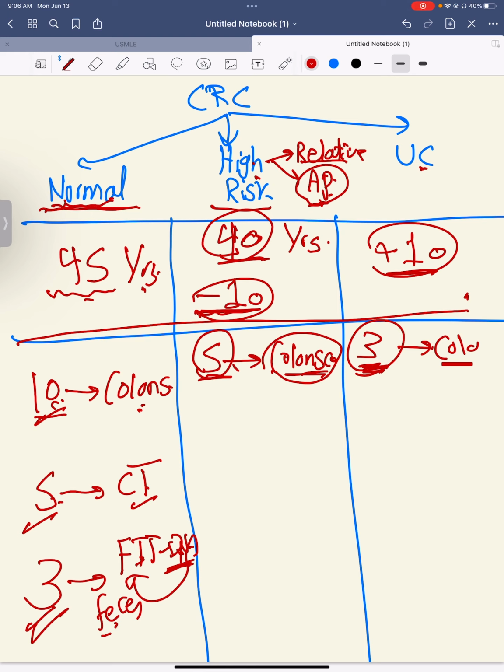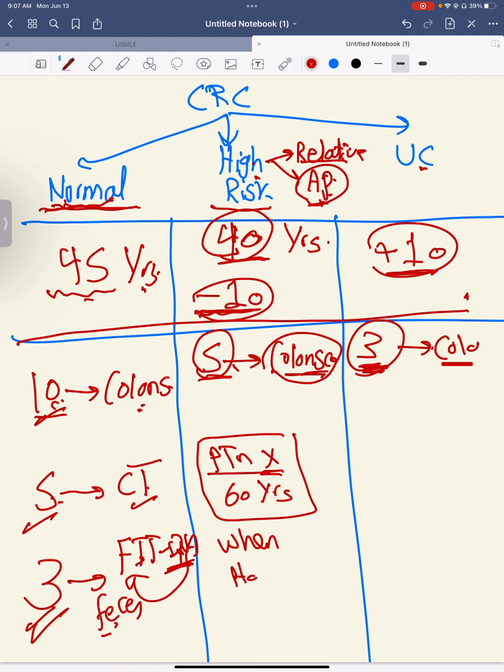There's another piece of information here that is low yield, but it's very important for people who want above 260 in CK. The question says we have patient X, and his father got the diagnosis of colorectal cancer at 60 years old. When and how do we start colorectal cancer screening?